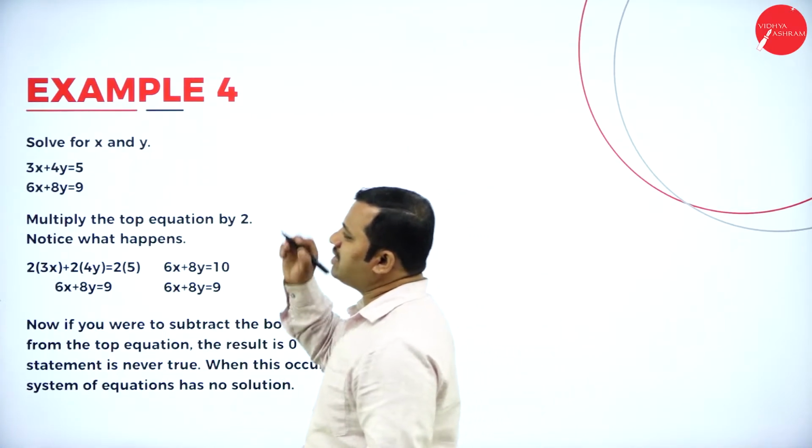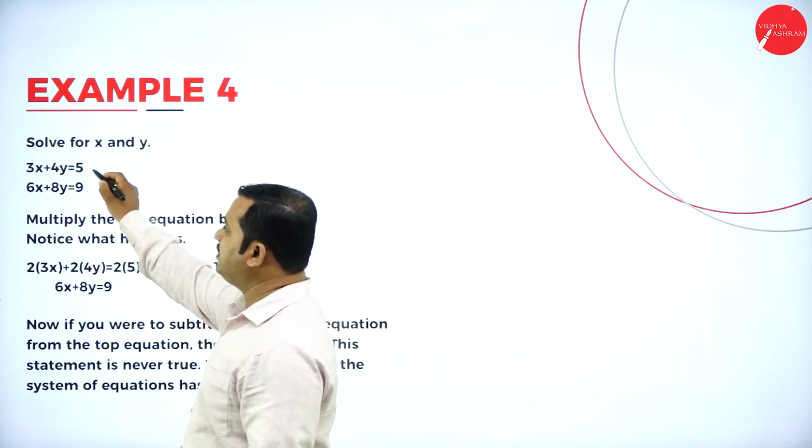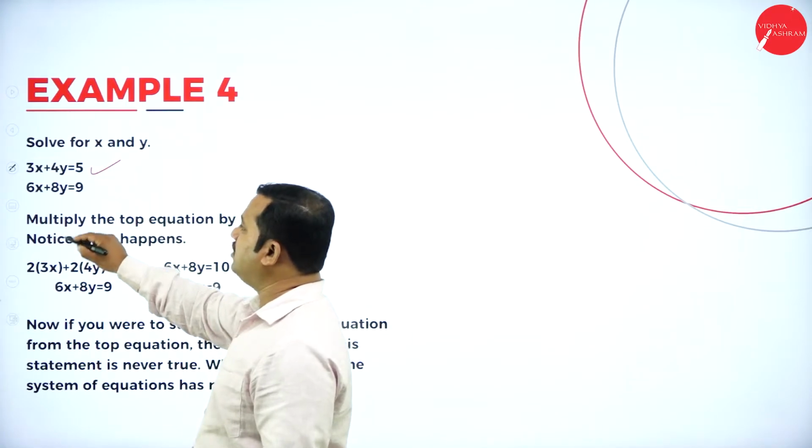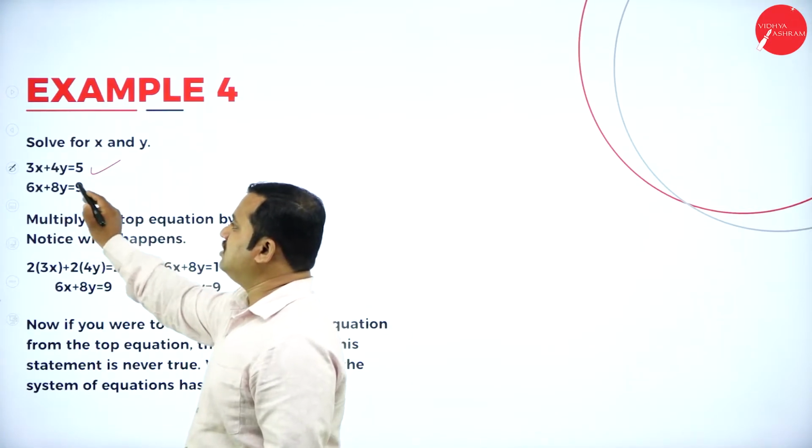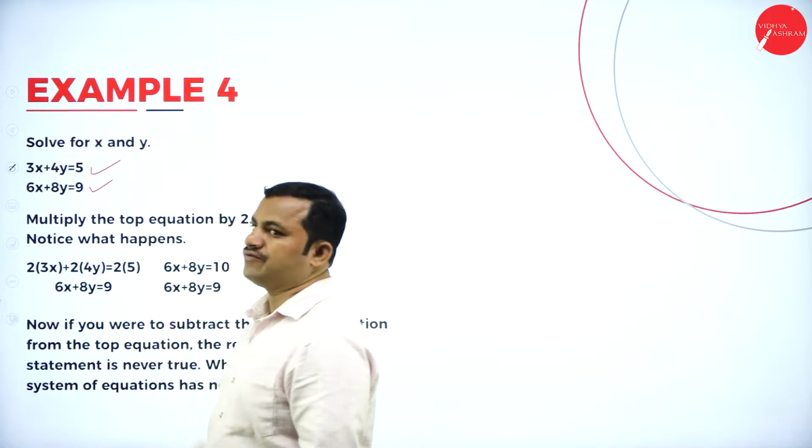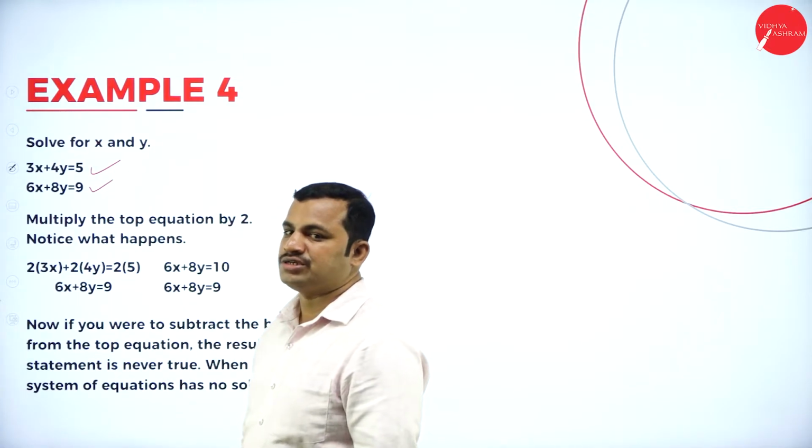Here, in this example 4, you are finding that 3x plus 4y is equal to 5. Then 6x plus 8y is equal to 9. We have two equations here.